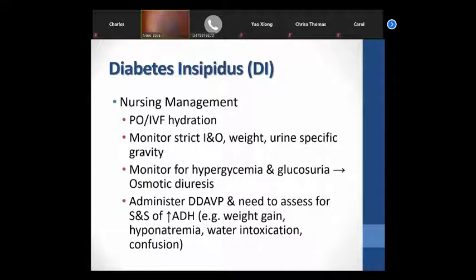You need to administer DDAVP, or if you're in the ICU, Pitressin. Another thing to consider is that you're always reading the label. Even though nowadays we have everything computerized, and you have barcode medication administration, you really have to be very careful as to what you're administering, because of look-alike, sound-alike medications.